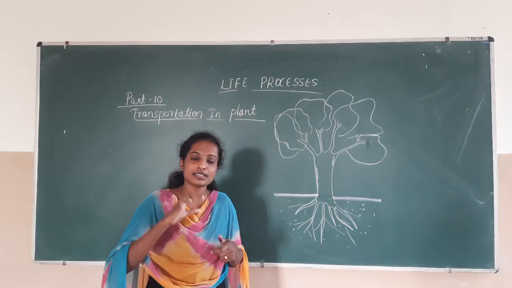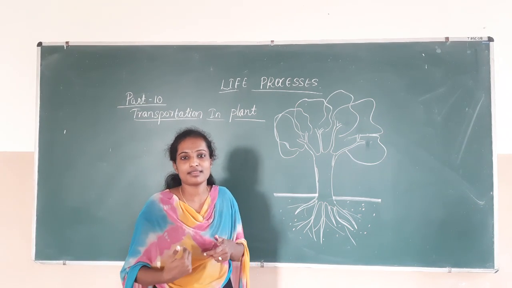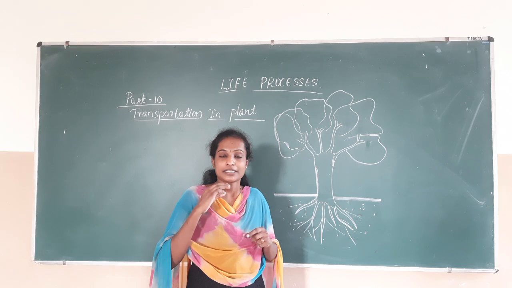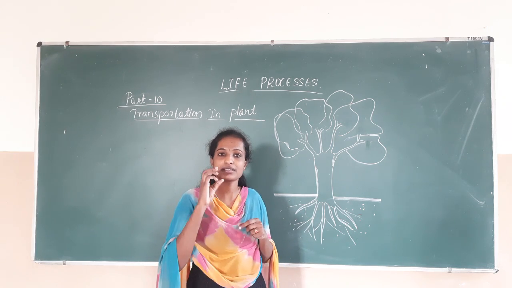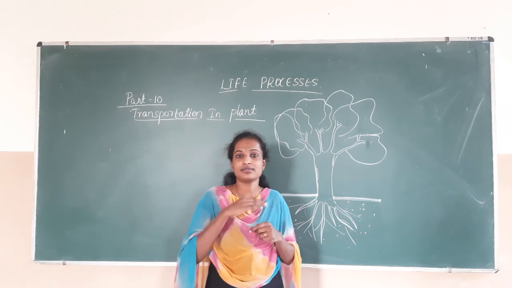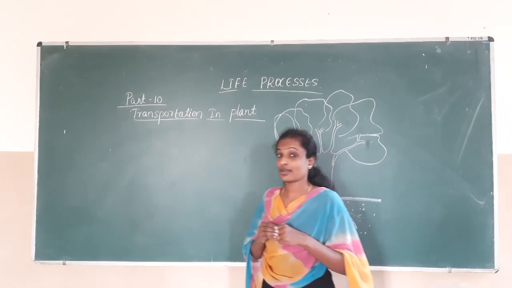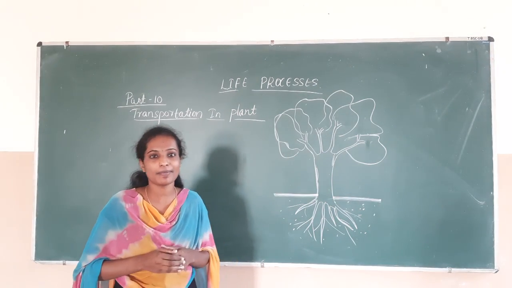If the distance is very small, the transportation of both materials in opposite directions may take place through diffusion. Through diffusion, the energy required by all parts of the plant, as well as water and minerals from the root, is transported throughout the plant body.